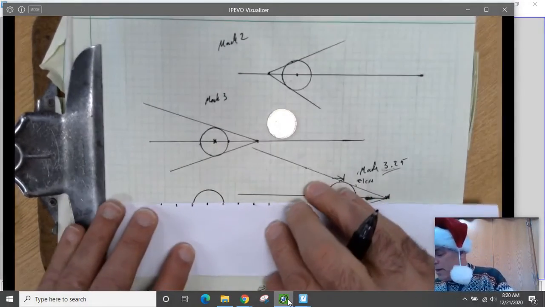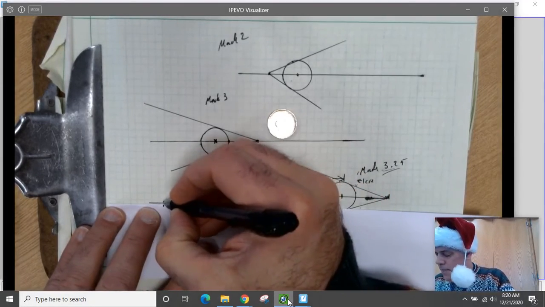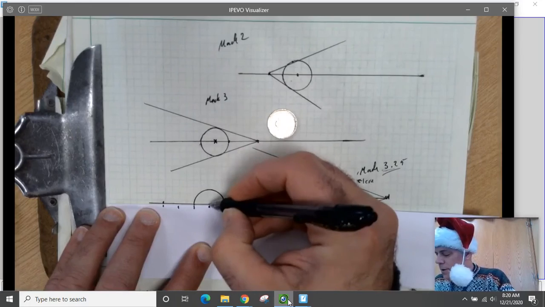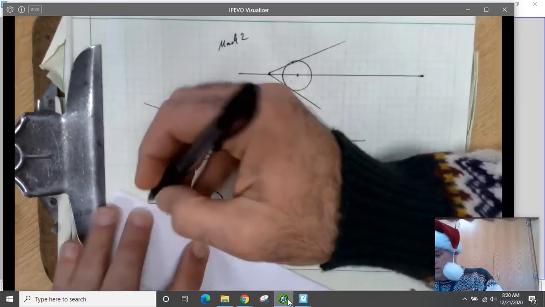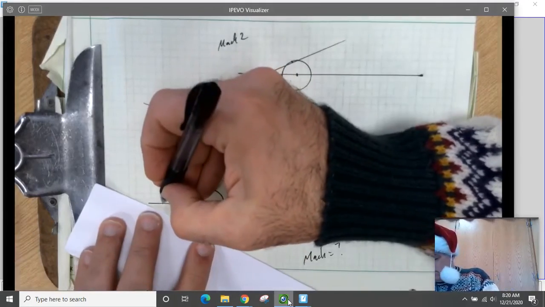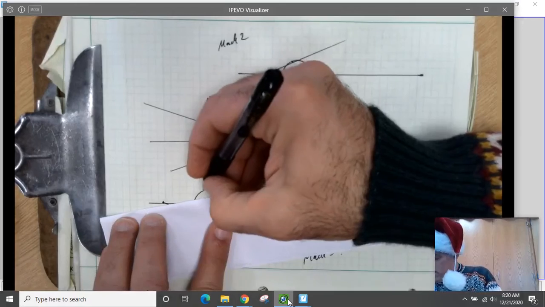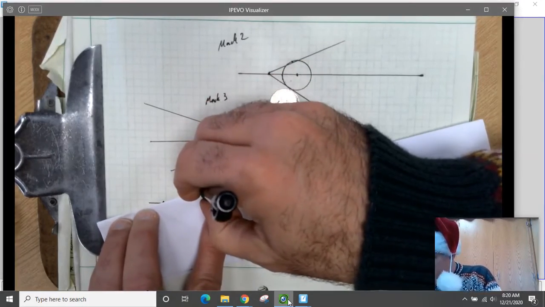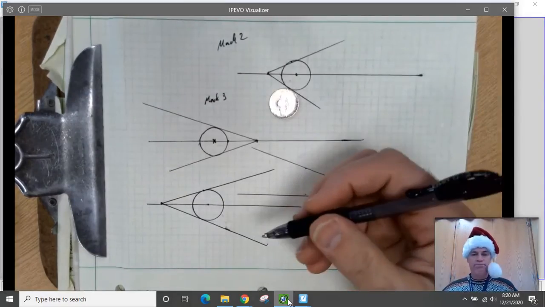And now you do the same thing. If you want to do a Mach 3, 1, 2, 3, the plane was here at the center of the circle. It's moved 3 units, 1, 2, 3, and draw a long tangent to the edge of the circle. And there's your Mach 3 diagram.